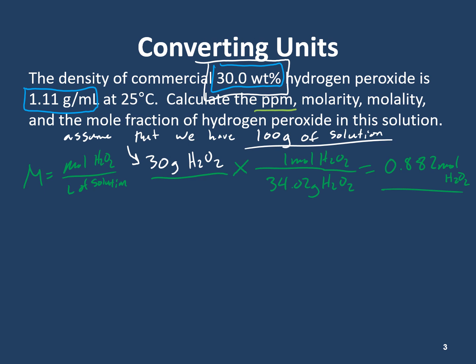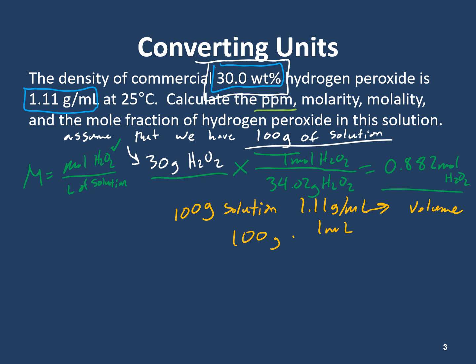Now this is important because I needed that for my numerator. The next thing I need to do for this part of the problem is figure out what volume of my solution I have if I have 100 grams of solution. I know that if I have 100 grams of solution and the density of my solution is 1.11 grams per mL, I can convert to volume. So 100 grams times 1 milliliter all over 1.11 grams.